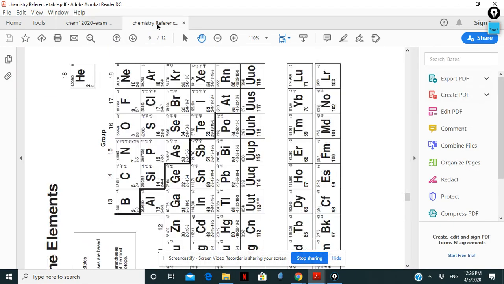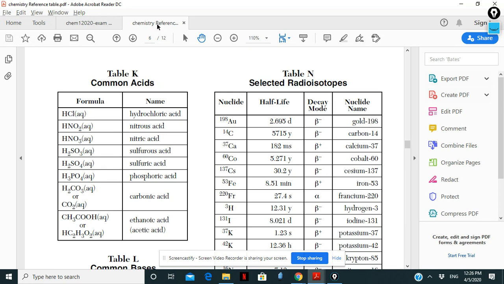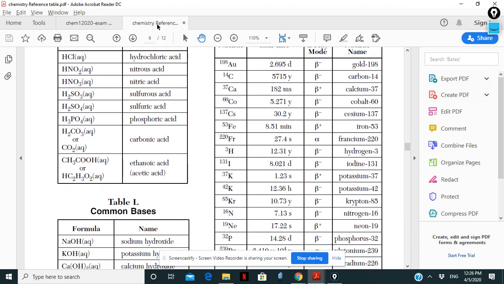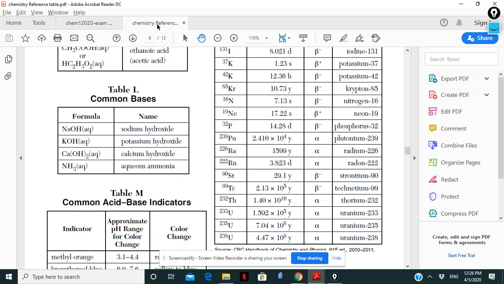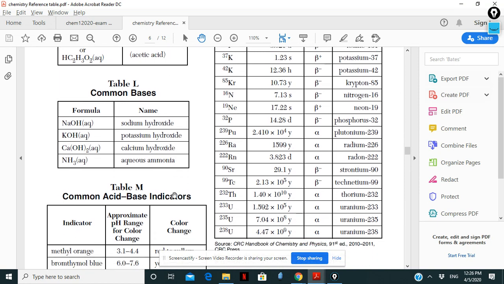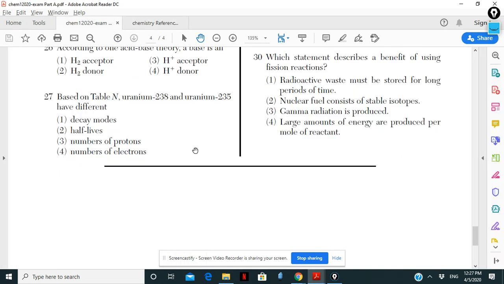Here is Table N. We said uranium-235 and 238 have the same decay mode, but they don't have the same half-life. So they have different, as we said, half-life.